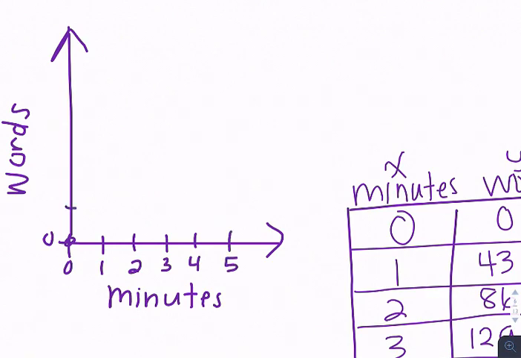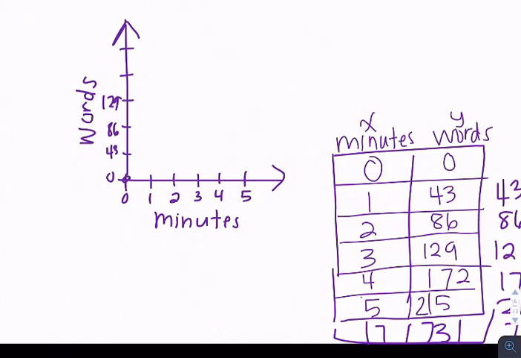I'm just going to go up to 5, and then I'm going to count by 43s. I'm going to go by minutes on the x-axis, and then I'm going to count by 43s along the y for my words, just so that it's nice and easy for me to get all the information there.